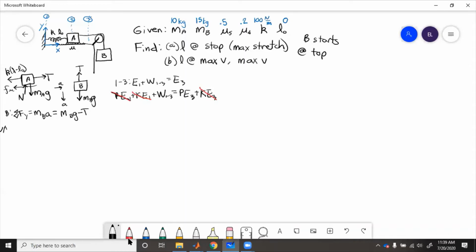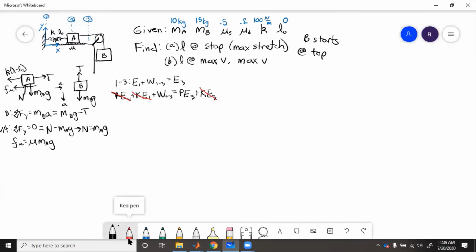And then for A, sum of the forces in the y equals 0 because the block is not moving off of the table. So we have normal force going up, MAG going down, N equals MAG.